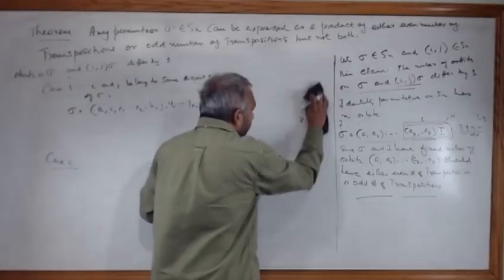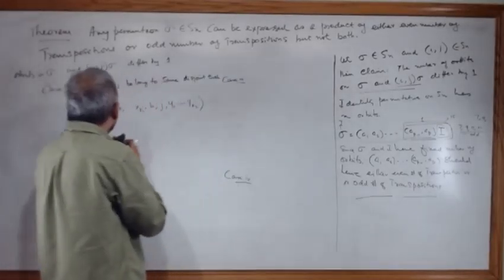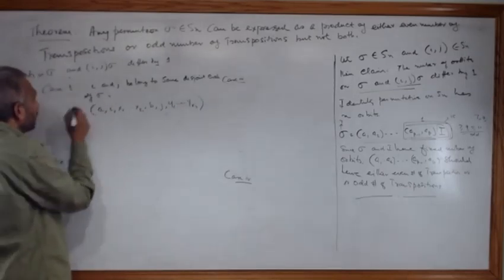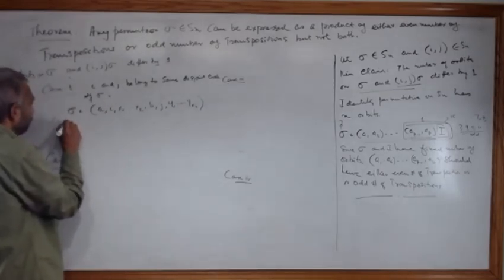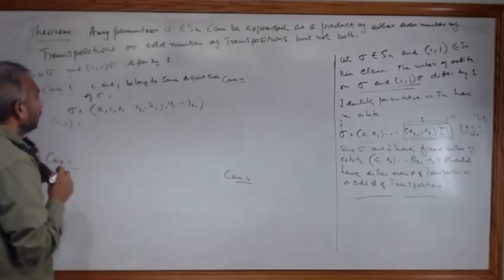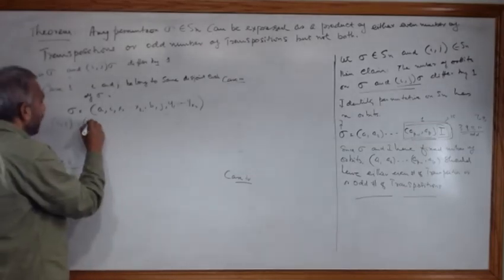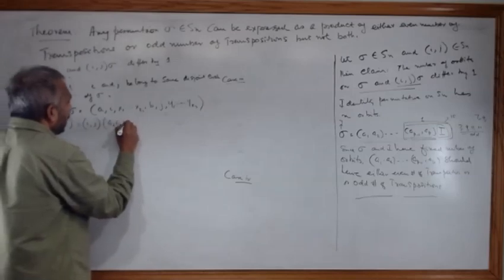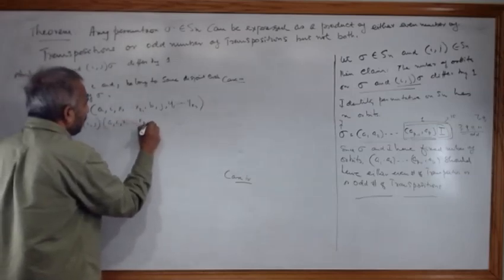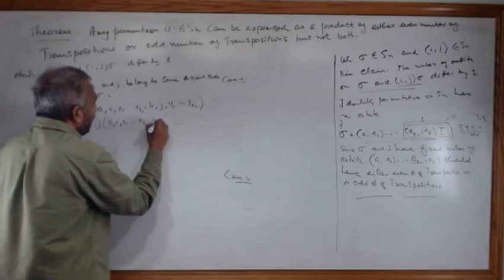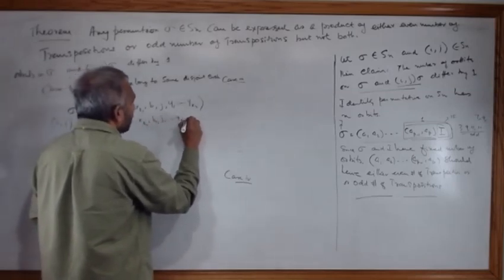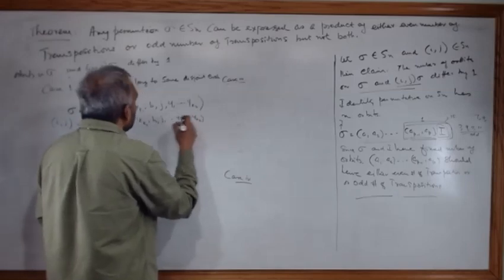Now we compose with (i, j). What happens? (i, j) (a, i, x1, ..., xk1, b, j, y1, ..., yk2).